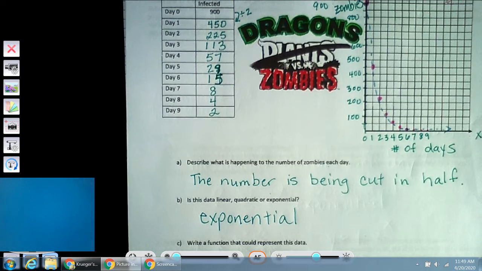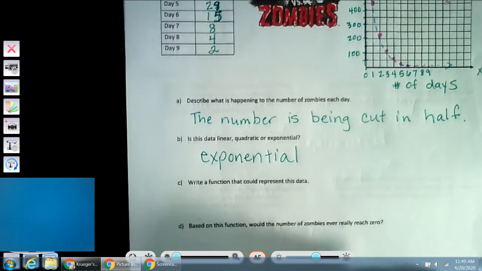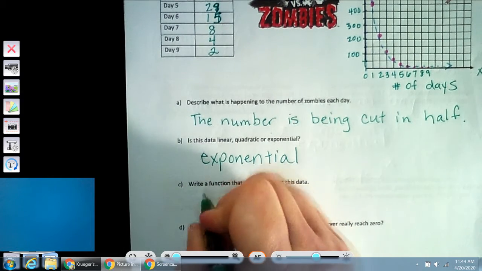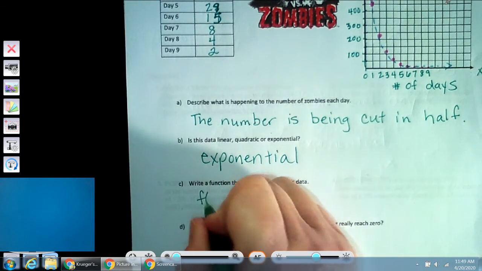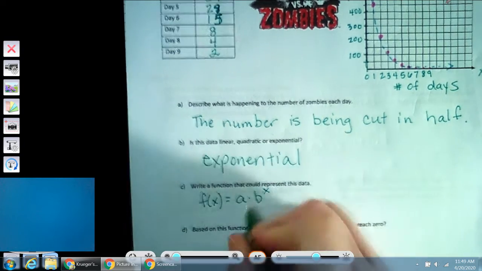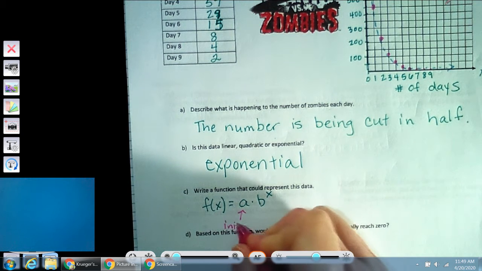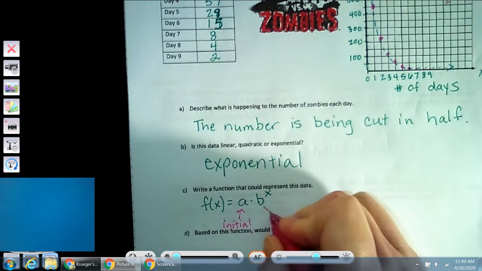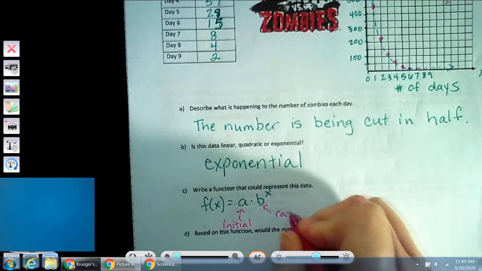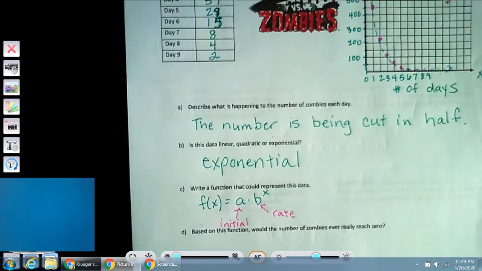Then it says write a function that could represent this data. So we're starting off with our same parent function. f(x) equals a times b to the x, where a is our initial value and b is our rate of increase or decrease. Basically it's what are we multiplying by every time.